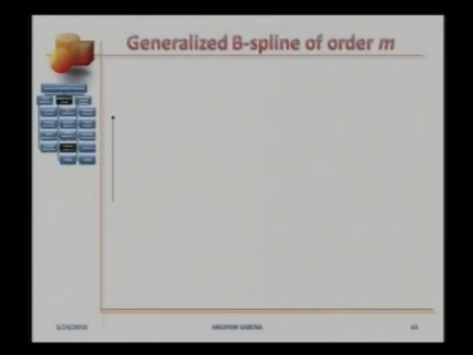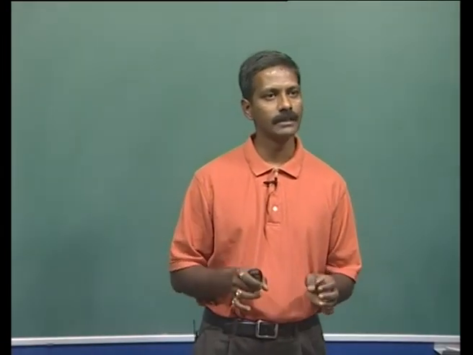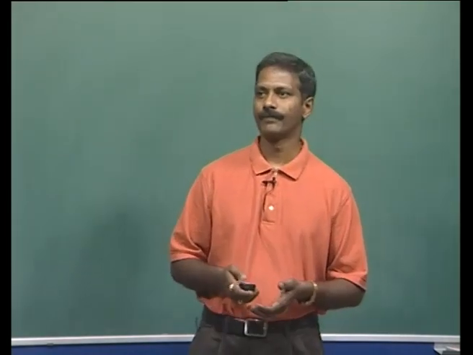I draw the vertical axis, I draw the horizontal axis, and I draw or sketch the B-spline basis function from right to left. I nomenclate my basis function as capital M sub small m comma i. I use 2 indices. The first index represents the order of the B-spline basis function, and the second index represents the last knot over which this basis function stands.